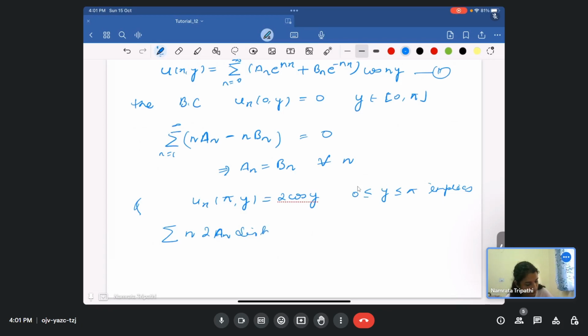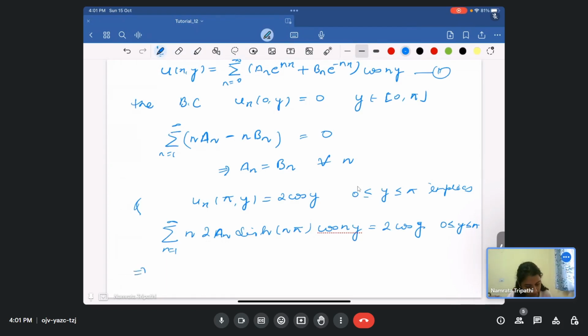I'm writing in the sine hyperbolic form directly. If you are not getting, then you can tell me. These are quite simple calculations. Fine. Just differentiate equation 2 with respect to x, substitute x equals pi, and write in the form of 2 sinh n pi. Fine.